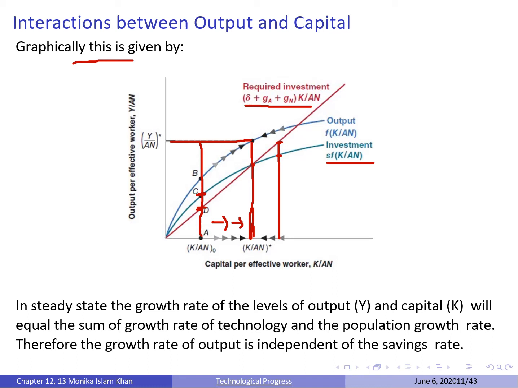Because your required investment is higher than actual investment into capital, your capital stock will keep decreasing, till capital per effective worker reaches the steady state level.